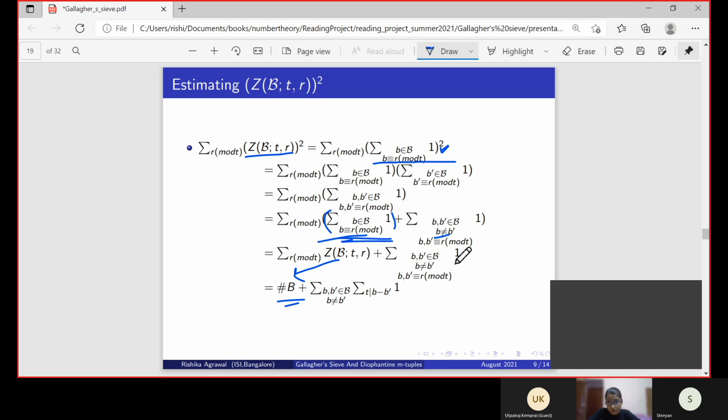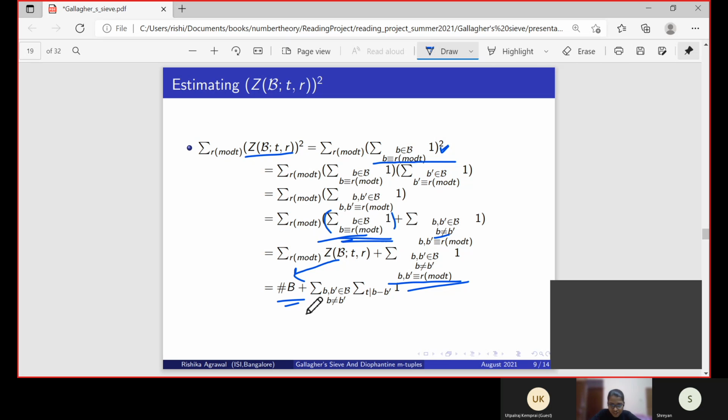Now for the second term, we can write it as b, b prime belonging to B with b not equal to b prime, and this last condition can be written as t divides the difference of b and b prime. Just see the equivalence of these two sets: b, b prime congruent to r mod t, and t divides b minus b prime.